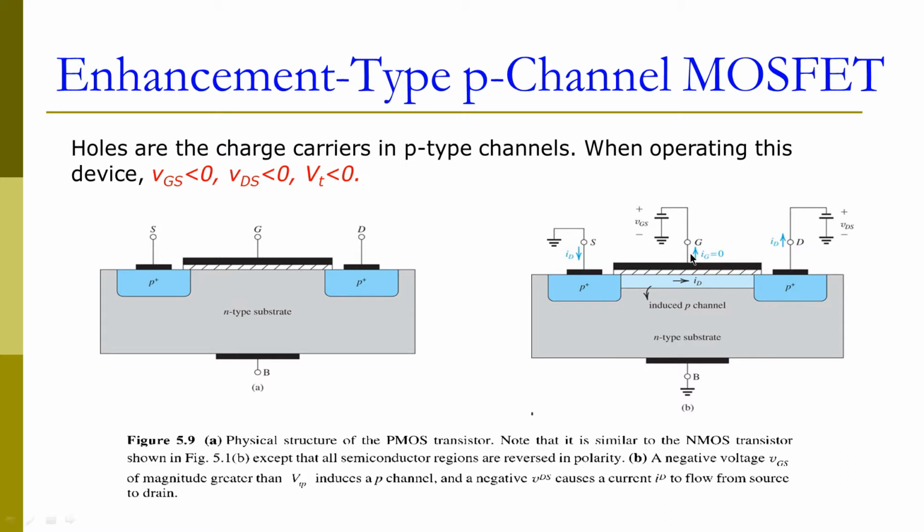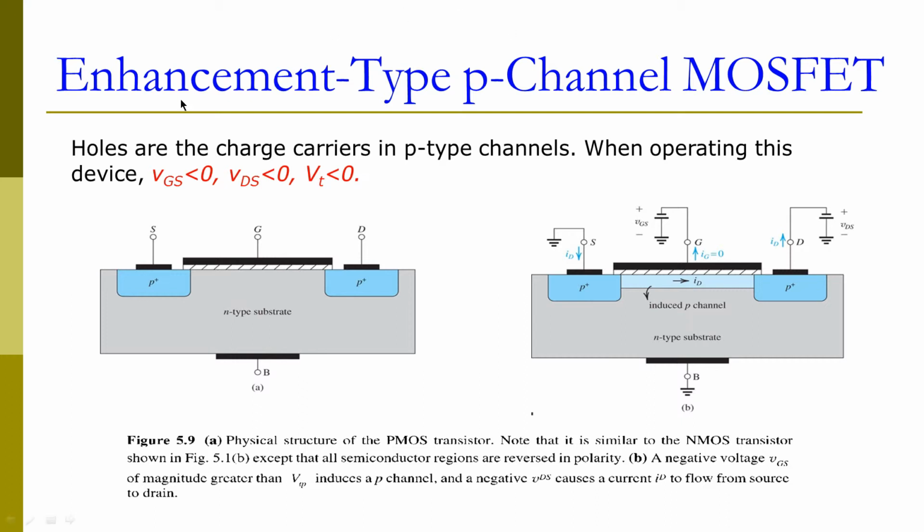You cannot get any current out of the gate because of this insulating layer. But we do have a drain current from source to drain, and the drain needs to be negatively biased.